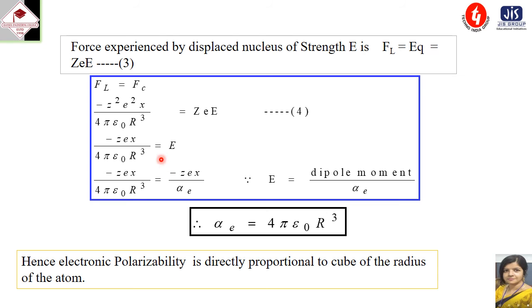And we have this E here, that is dipole moment by alpha E. So hence electronic polarizability is directly proportional to the cube of the radius of the atom. So R is the radius of the atom, so its cube.